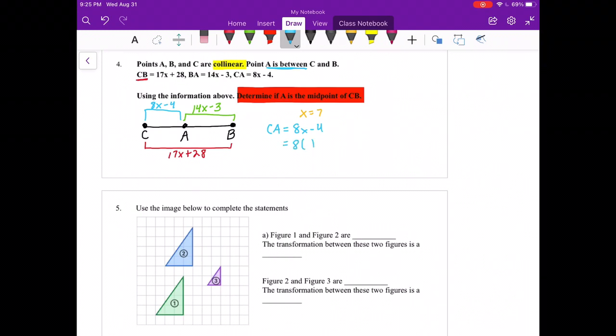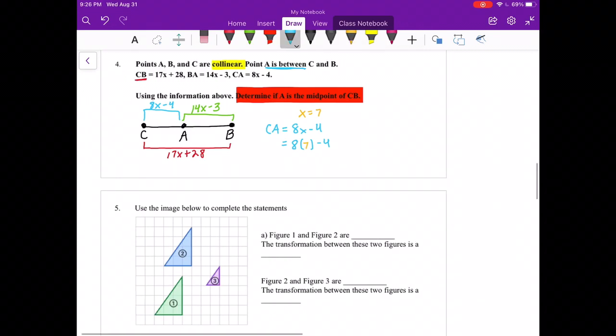All we're going to do is replace the x in this equation with the number 7. So this becomes 8 times 7 minus 4. 8 times 7 should give us 56. And 56 minus 4 is 52. So the length of CA is 52.